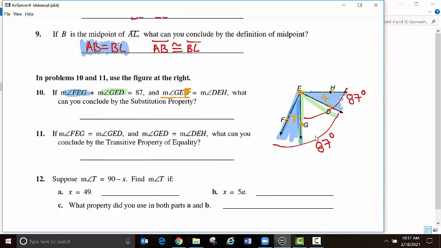So we could conclude that the measure of angle DEH plus the measure of angle GED also equal 87. All I did was replace this blue one with this one. I substituted. Okay, I'm going to skip this one because we don't need it for time. Let's look at the last one. Okay.